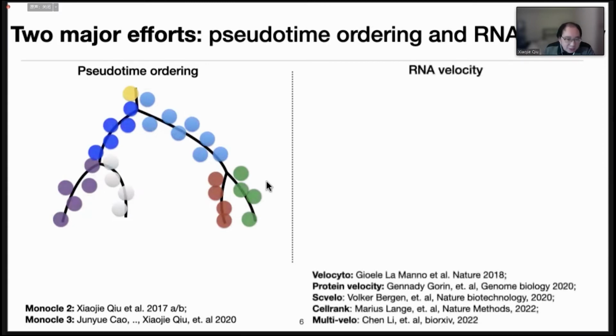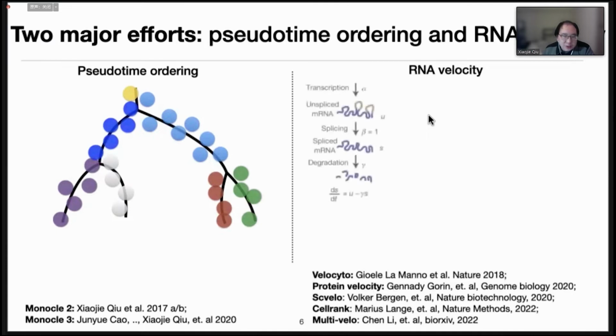Another very exciting development in the field is the introduction of RNA velocity. In a very creative work, La Manno and others showed that by leveraging the incidentally captured introns from single-cell RNA-seq, they can derive a measure of the time derivative of the spliced RNA, or RNA velocity, for each gene in each cell.